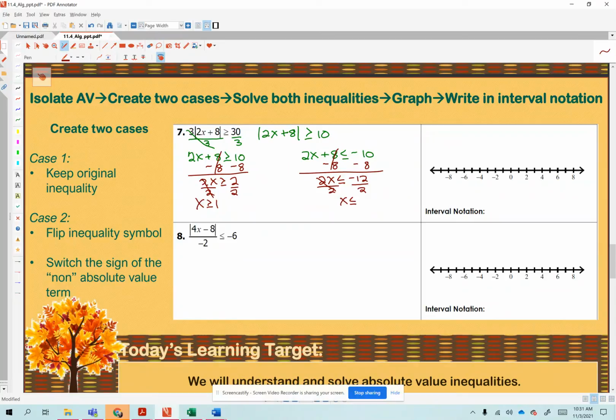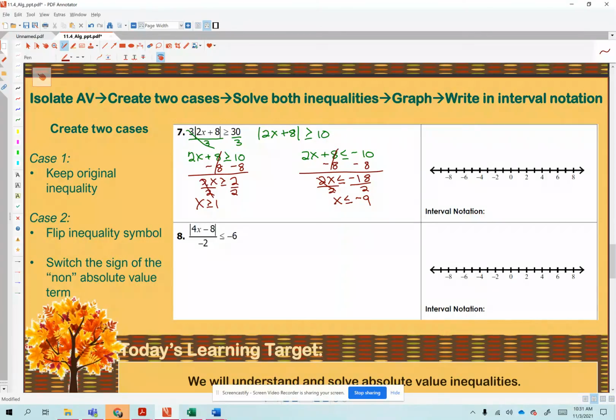This should be an 18. Oops. Sorry, folks. Got my mind on something else today. Okay, now divide by 2. X is less than or equal to negative 9.